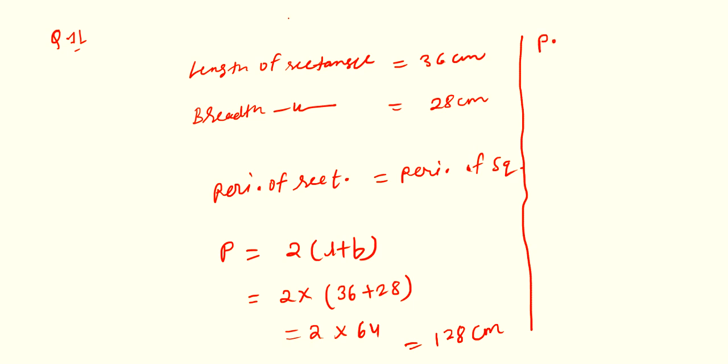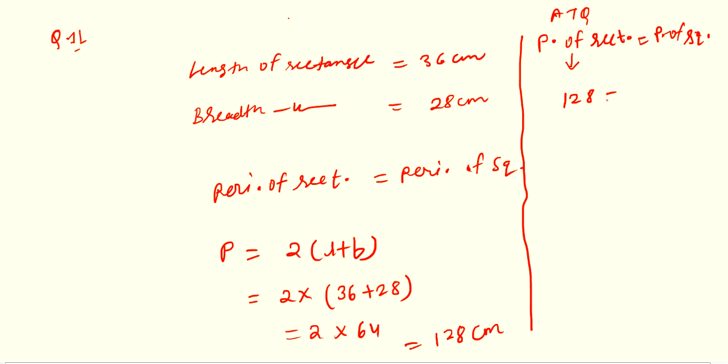Now as per the condition given in the question, the perimeter of the rectangle equals the perimeter of the square. So the perimeter of the rectangle that we have calculated, 128, equals the perimeter of the square, 4 into side.